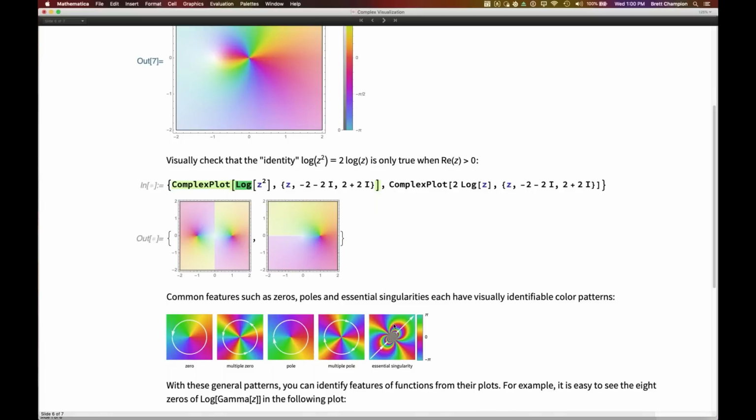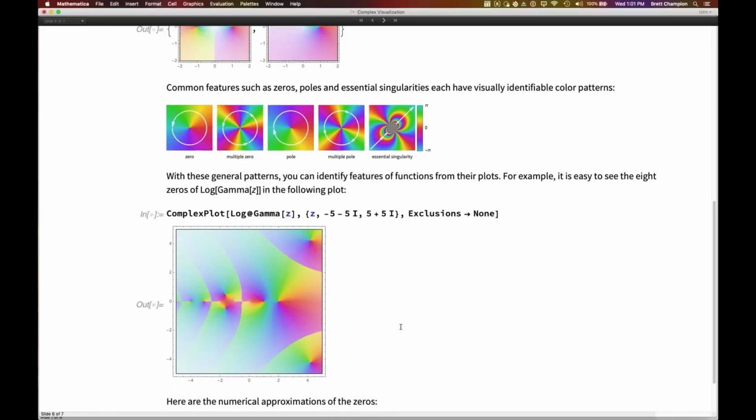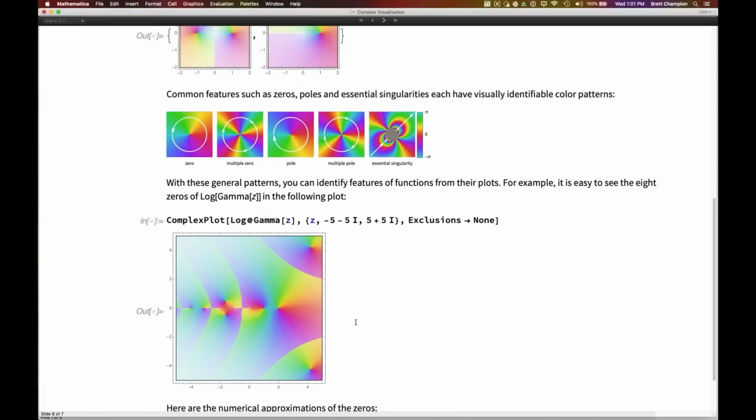And if you have a higher order essential singularity, then these get really funky looking. But once you start to identify these patterns, then it's very easy to do a complex plot, look at it and go, here are the zeros, here are the poles, etc.